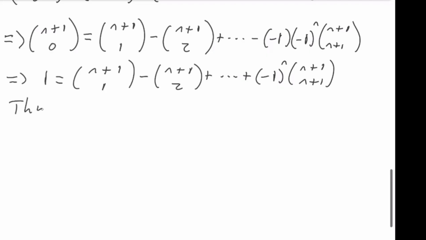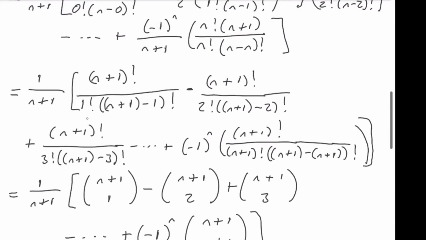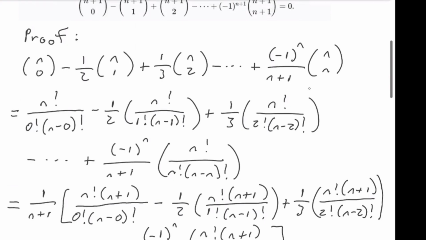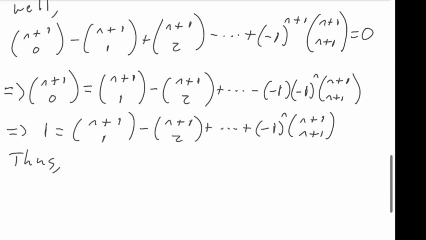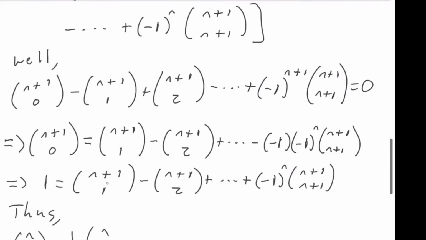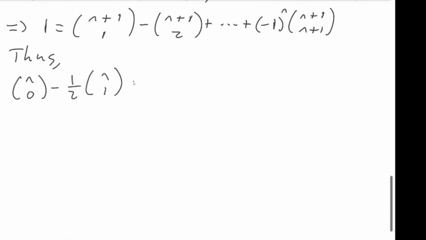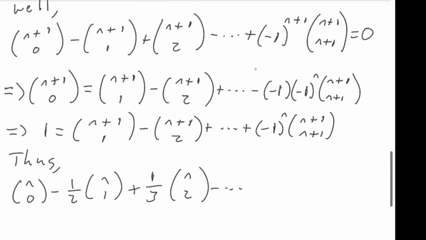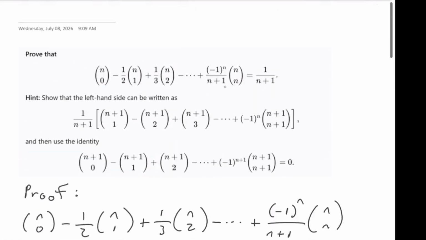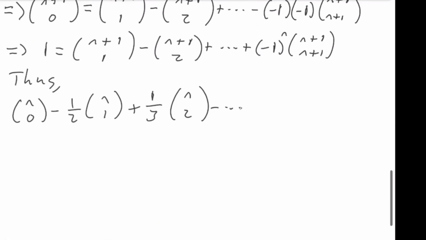So thus, I have, let's go here. I'm going to rewrite this here. n choose 0 minus 1/2 n choose 1 plus 1/3 n choose 2 minus dot dot dot plus (-1)^n over n+1 times n choose n, right?